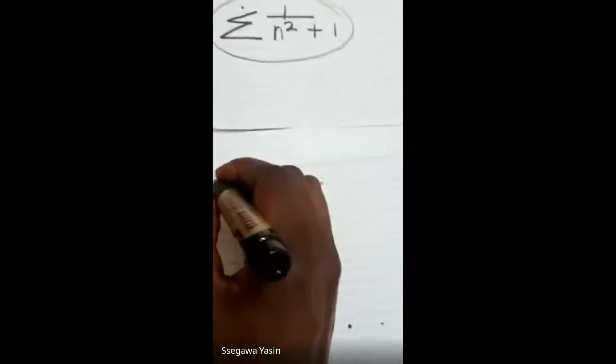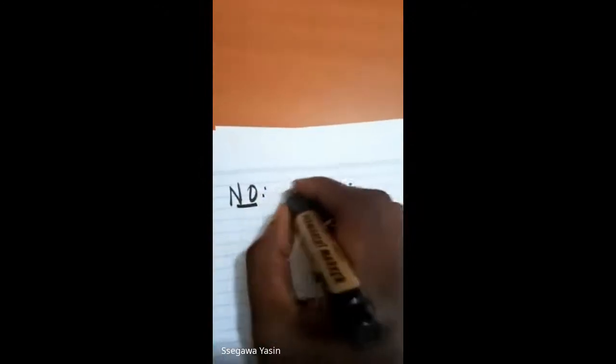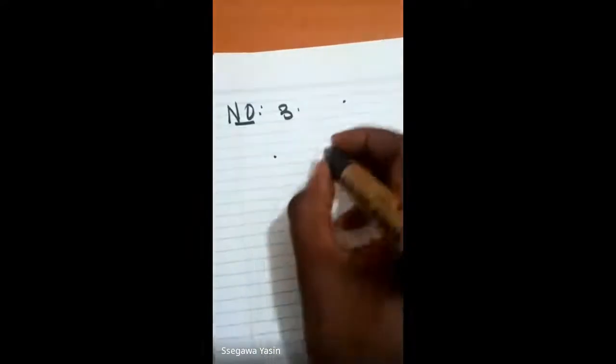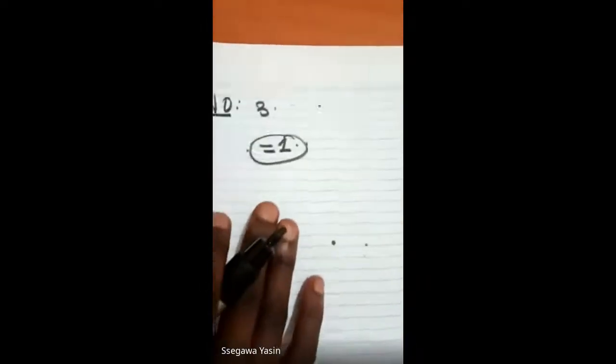Now, those who are going to look at number 3, the answer you are going to get is equal to 1. And then you say that you have failed to conclude.